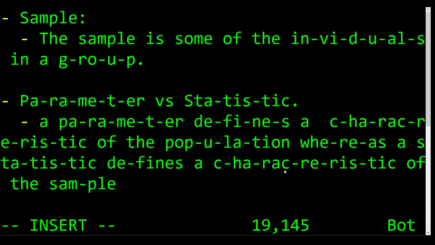So, for example, the mean of a population is defined with a sample.